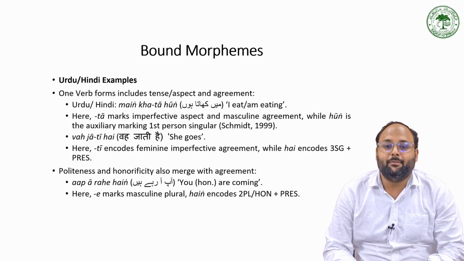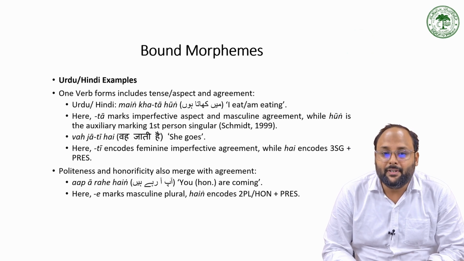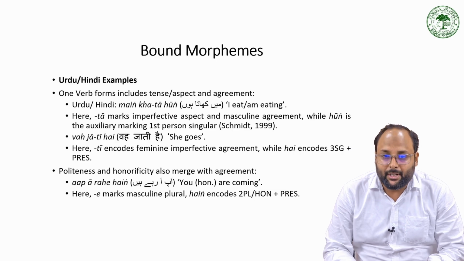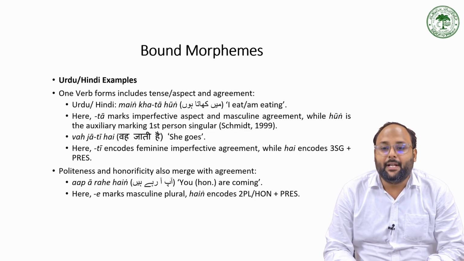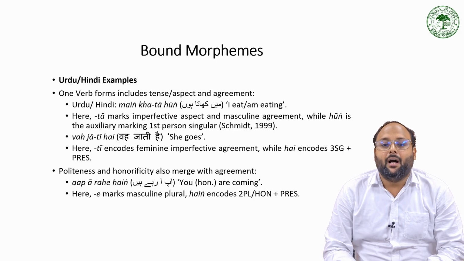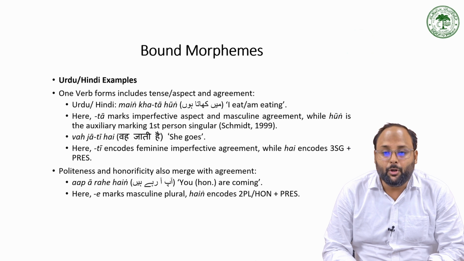If we have the verb like "मैं खाता हूँ", here the suffix "ta" represents the imperfective aspect and masculine agreement. So the one suffix "ta" represents both grammatical features together. If one morph represents two distinct grammatical features together, it is a feature of a portmanteau morph.